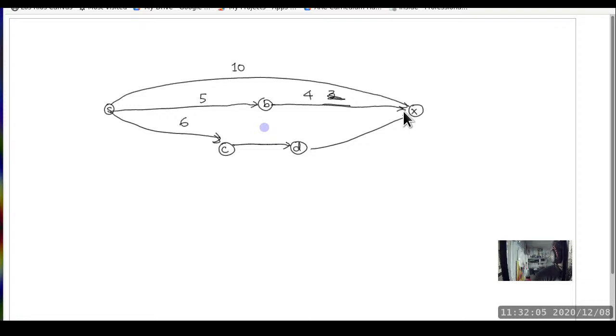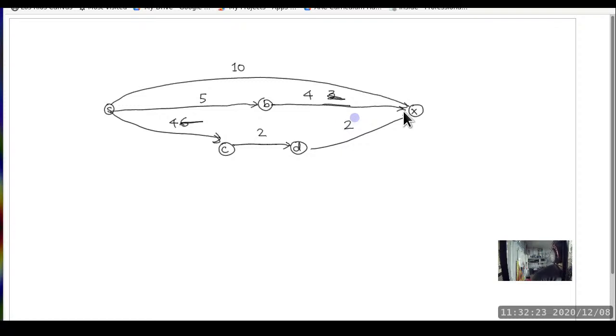Well, the heuristic is really the issue here. So this can be a 4, this can be a 2, and a 2. Okay, so that will work.